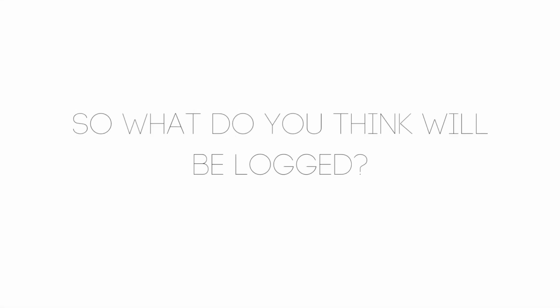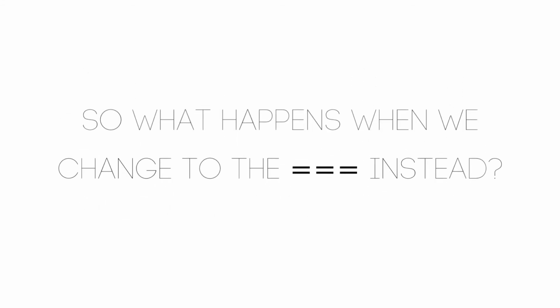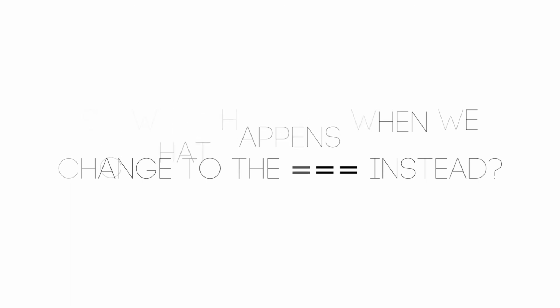Now what do you think will be logged to the console with this function? If you said these are equal, then you are right. Remember that type coercion occurs when using the double equal sign. So if we change the function to use the triple equal sign, what do you think will be output now? That's right. The statement, these are not equal, will be logged to the console.